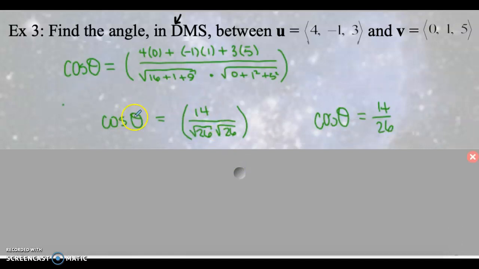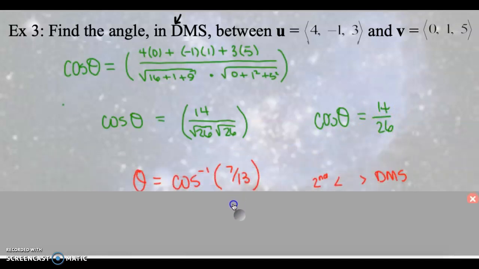So that gives us the cosine of theta is equal to 14 divided by the square root of 26 times the square root of 26, which works out very nicely for us because that is 14 over 26, which can be reduced. So we get the cosine of theta is 7/13.